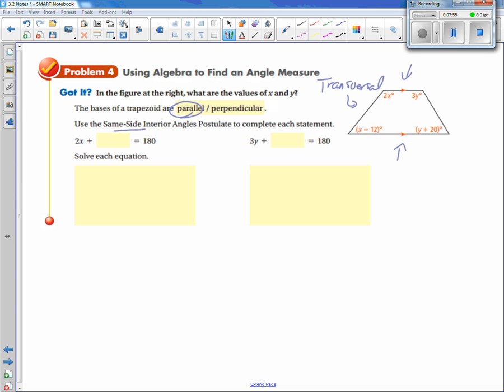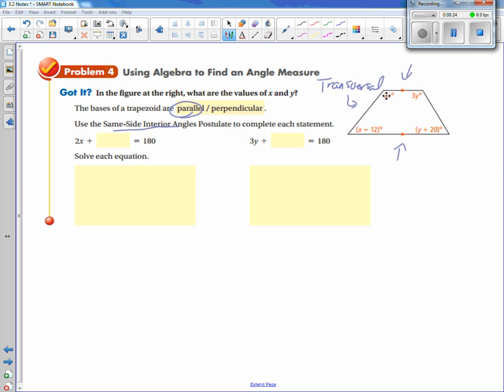They are going to be same side interior angles, okay? What do I know about same side interior angles? Are they congruent or supplementary? They are supplementary. So I can take these two expressions, add them together, and their sum should be what? 180.